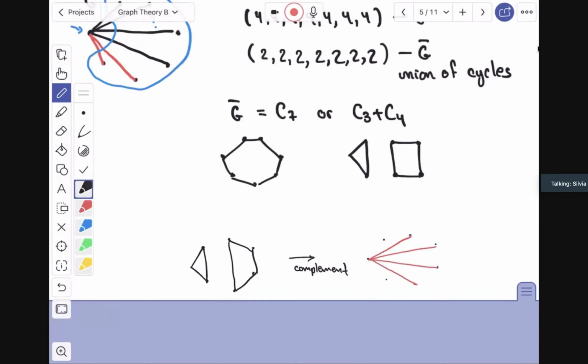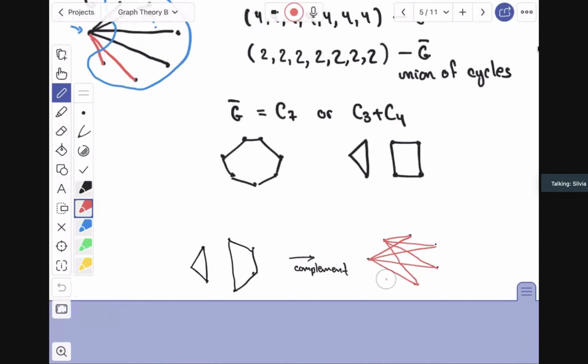But these two were already there, so I don't draw them here. That's why I usually draw with a different color on top of my graph. Okay, I see. And you keep going. So now that one, this other vertex, I don't join it here because that one is there. I don't join it here because that one was in the previous one, right? But I join it to all these 4.